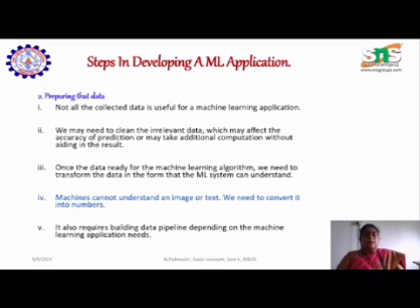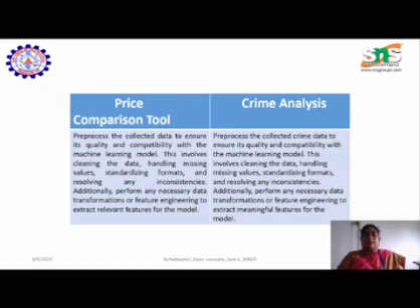We need to clean the irrelevant data which may affect the performance or accuracy of prediction. Once the data is ready for the ML algorithm, we need to transform the data for the ML system. These are all for preparing the data.